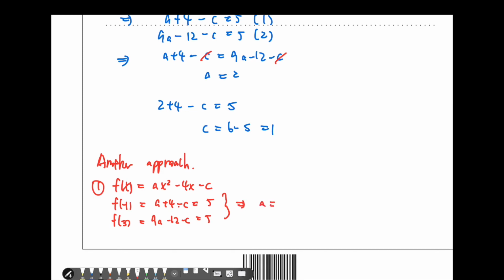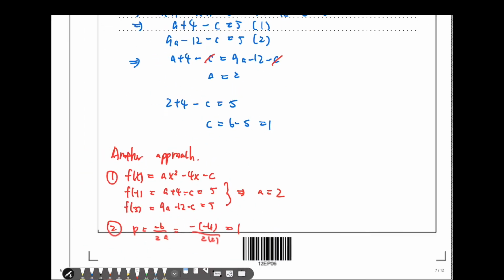So we can find a, which is equal to 2. And then from this we can plug in the value of a to find c, which is 1. So that is another approach to deal with this question.